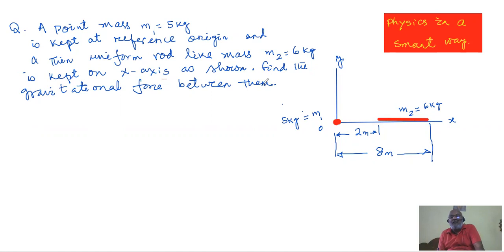We cannot apply Newton's law of gravitation readily and go for a solution within say 5 seconds, because the situation is a bit peculiar. Mass m1 is a point mass and mass m2 is a distributed mass. That is a long bar-like thing that extends from x equal to 2 to x equal to 8.